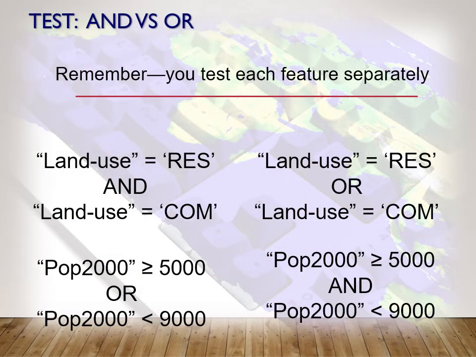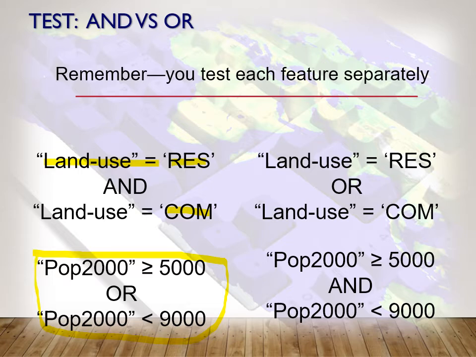Okay, let's test. We have one column on the left and one column on the right. So if we take a look at land use, does it make sense to have land use as residential and land use that's commercial? Think about that. What about this numeric operation down here?